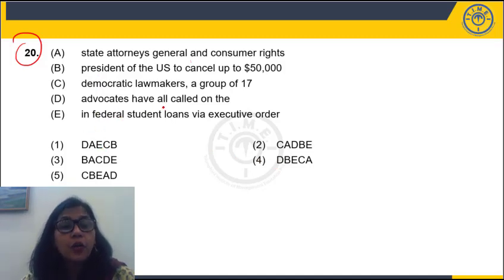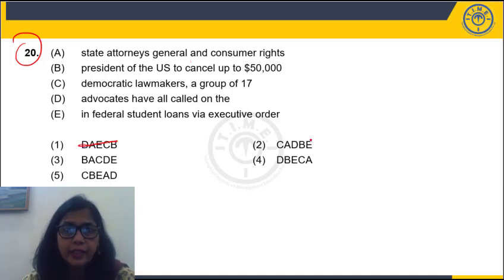Advocates have all called on the state attorneys general and consumer rights in federal student loans via executive order, democratic lawmakers. So there's no link over here among the groups of words given. So this is definitely out.